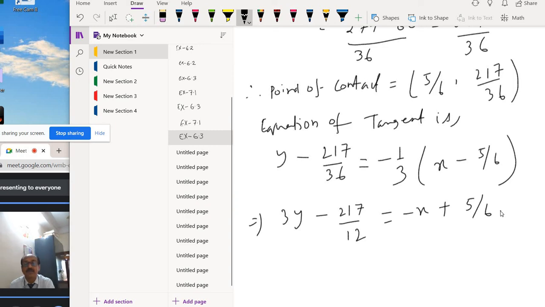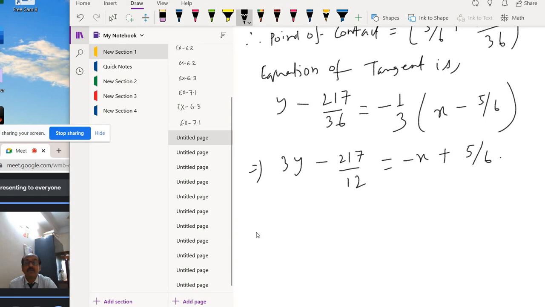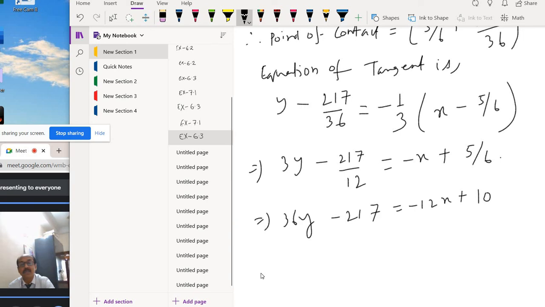Okay. Now each and every term multiply by 12. So it is 36y minus 217 equal to minus 12x plus 5 by 6 into 12, that is 10. Okay.